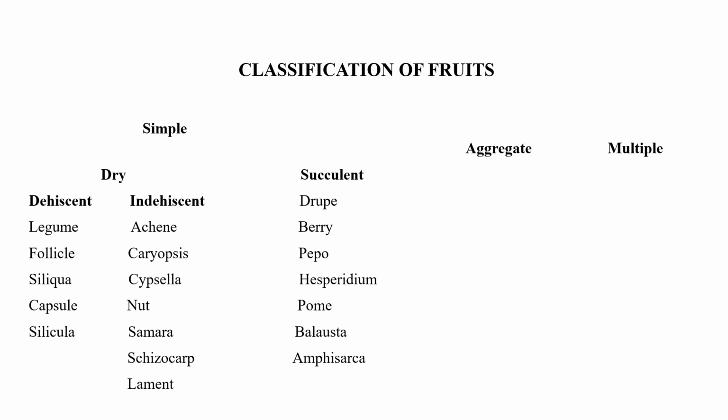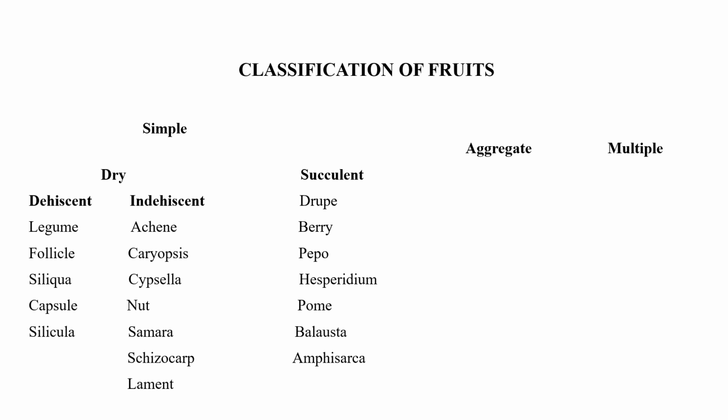But when the fruit is formed from an inflorescence of flowers, that is, it looks like a flower, but you have so many flowers that have made it up, it is a multiple fruit. At our own side of the country, most of the fruits that we have here belong to simple fruits.